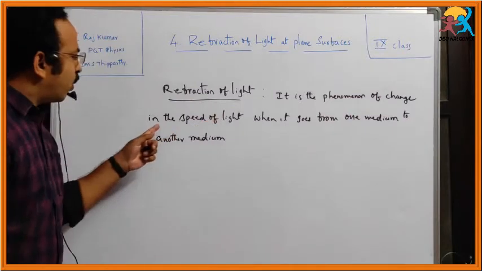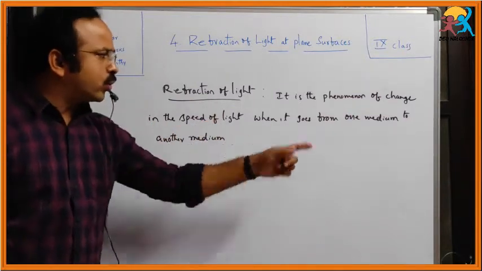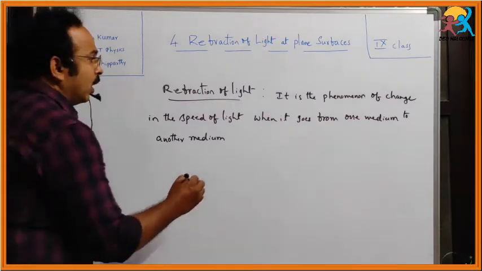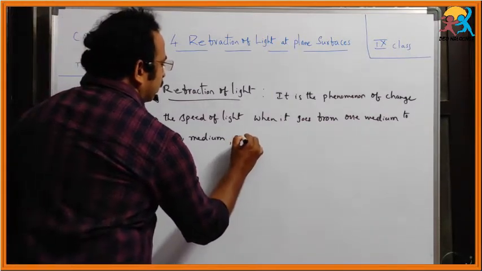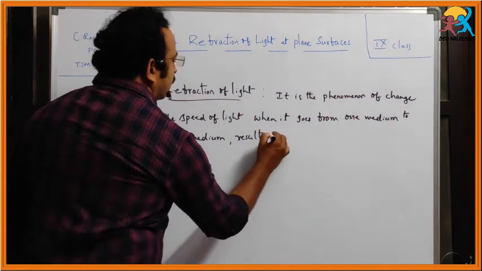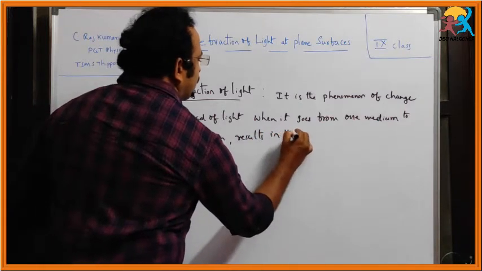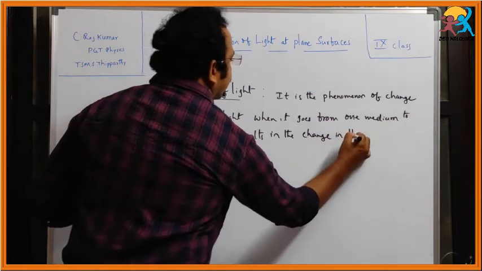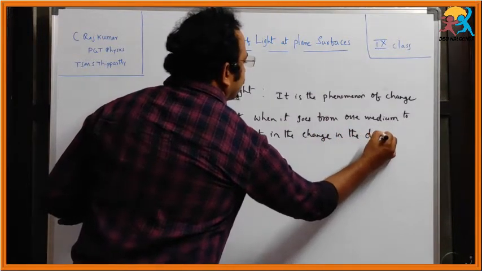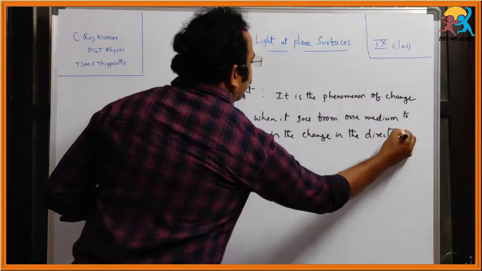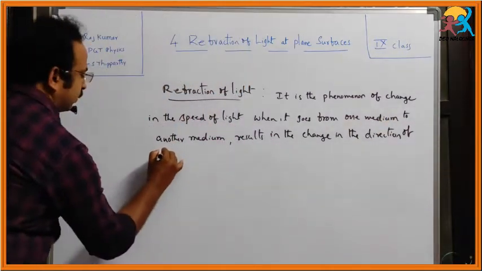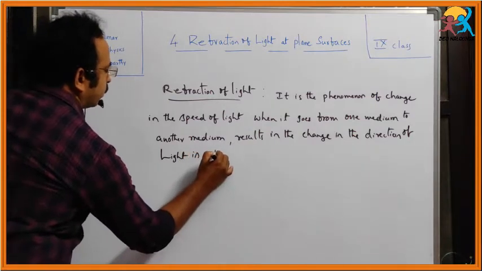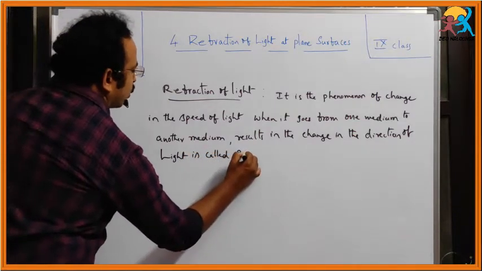So the phenomenon of change in the speed of light when light goes from one medium to another medium results in the change in the direction of light, which is called refraction of light.